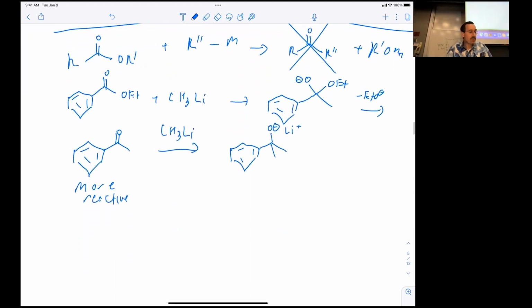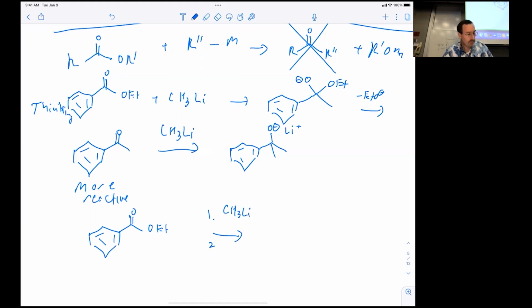So taking this maybe from the abstract to the concrete, since this is sort of our thought process, this is our thinking. If we pose a question like, what happens if I treat ethyl benzoate with methyl lithium and water?